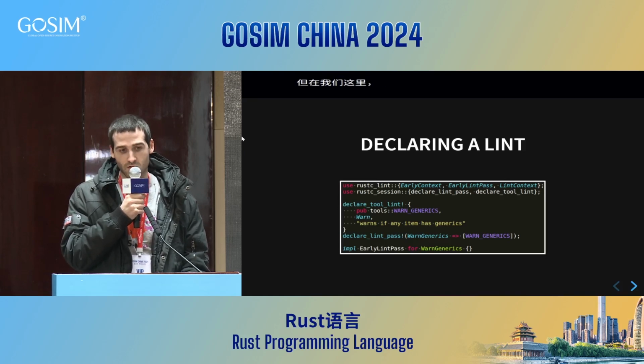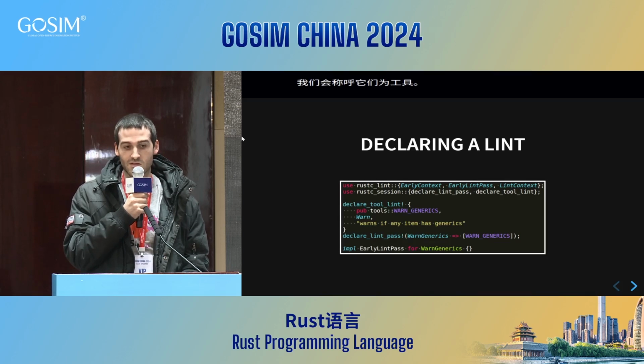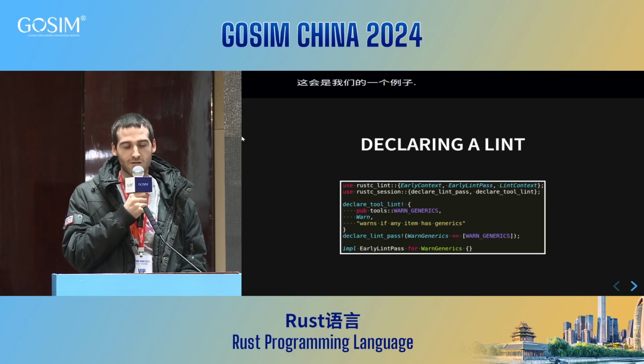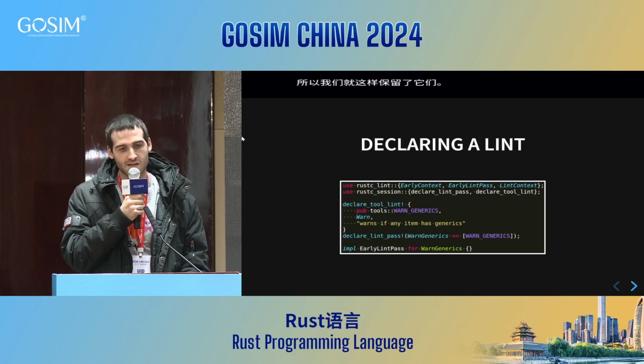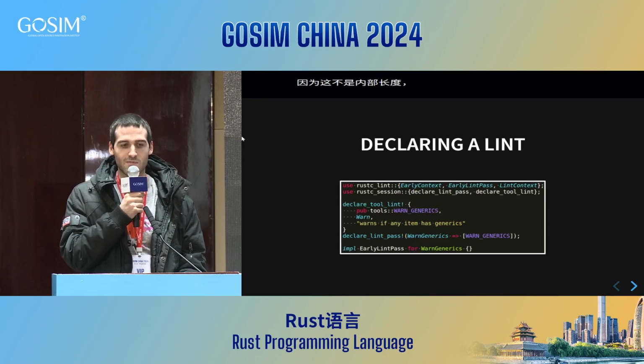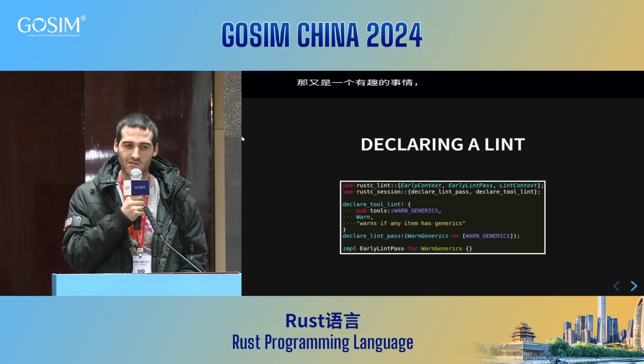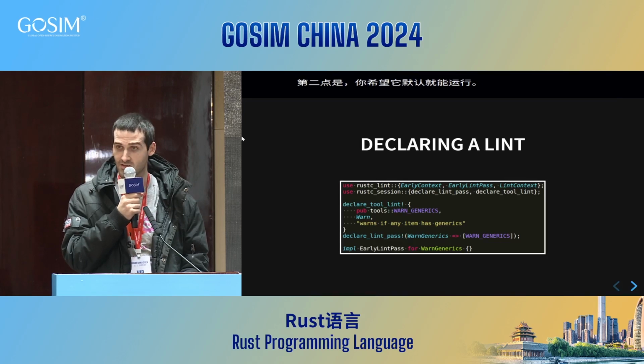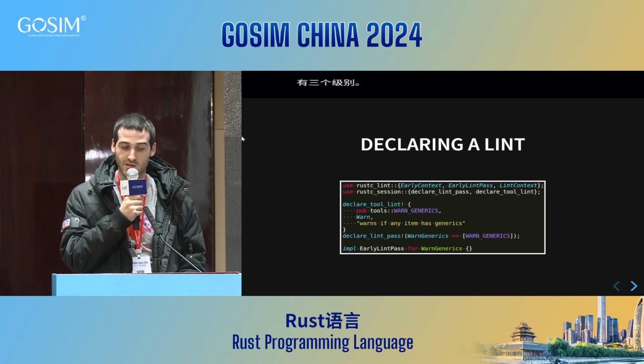So we name it like this. And because it's not an internal lint, because you can write lints for your linter, that's another interesting thing, you declare it public. The second is that we want to make it emit a warning by default. There are 3 levels. You can have allow, meaning that unless you are asking the Rust compiler to warn or to deny them, you will never see them.